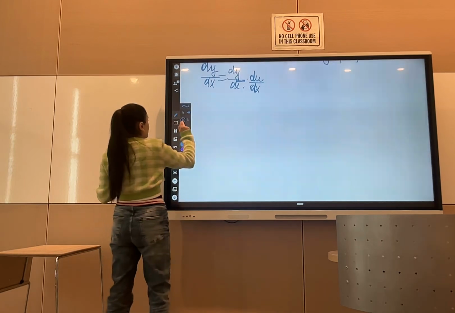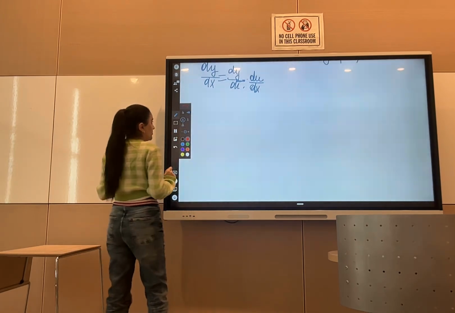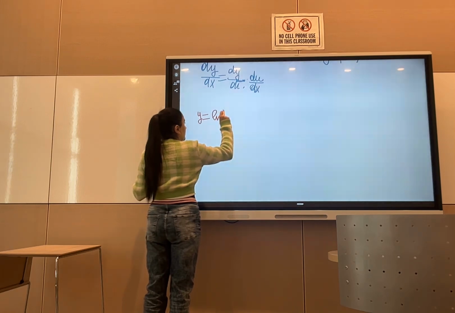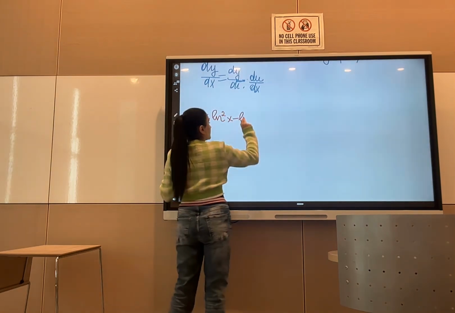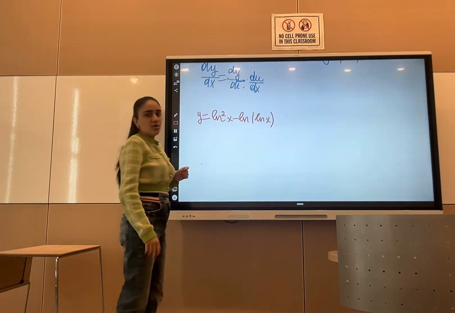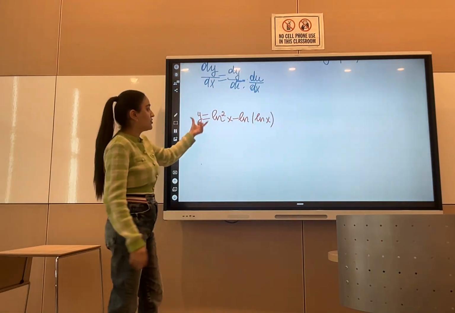So let's write one example. For example, y is ln square x minus ln x. So how can we find the derivative of this function?